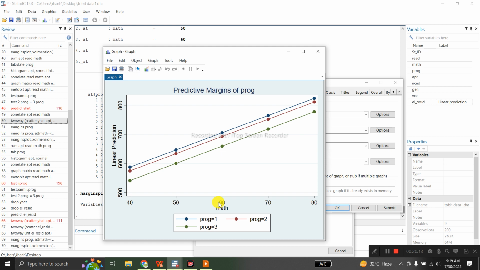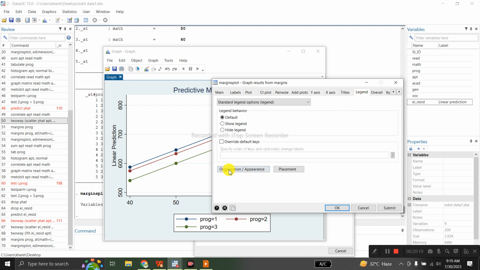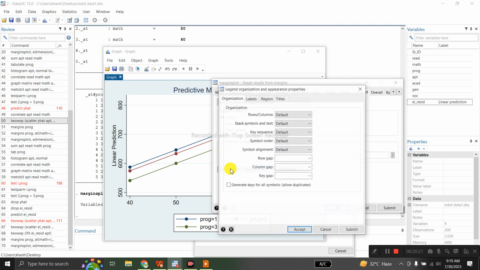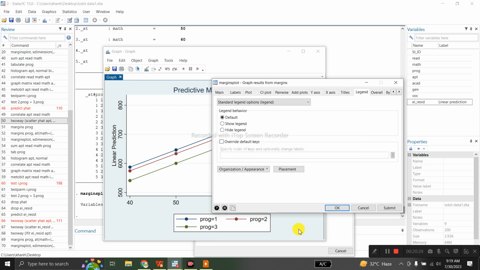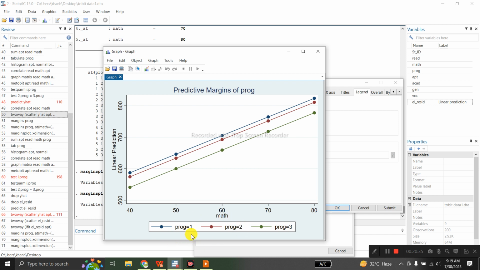So let me also do one thing more, legend, and I want to have these legends in one line, so it should be one row. Yes, accept, and if I submit, now these legends are in one line.